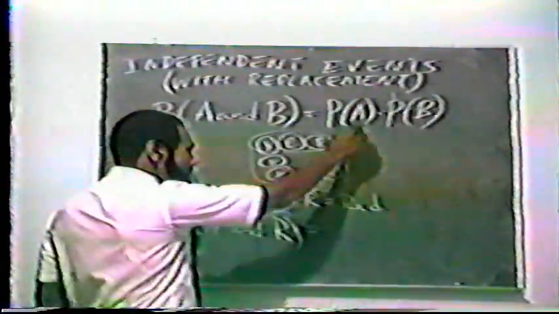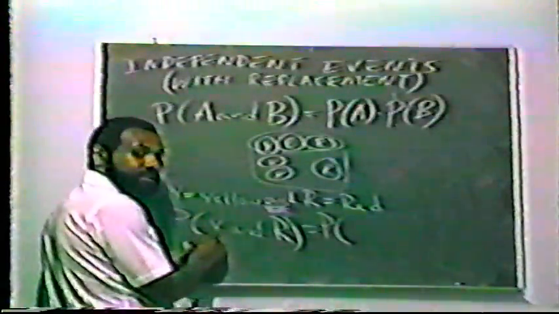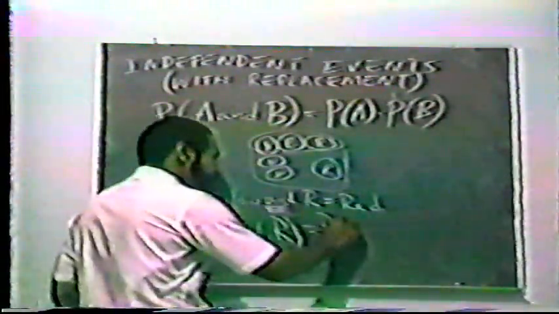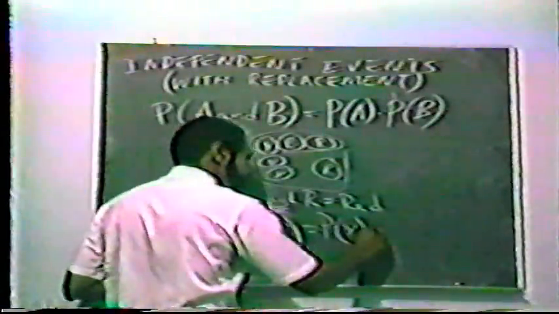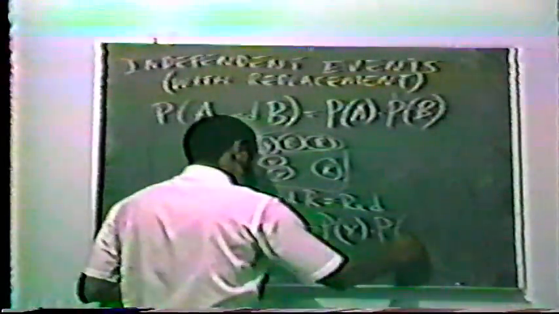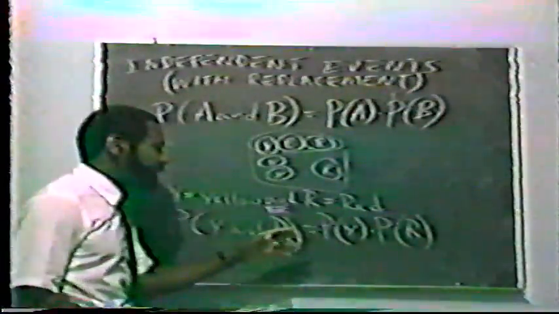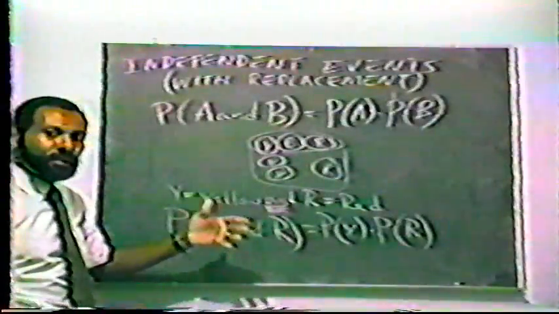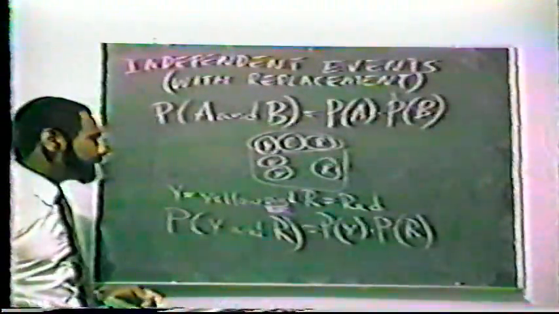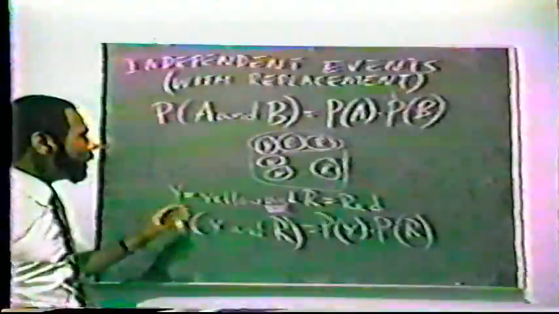If we apply the formula, we would have the simple probability of getting a yellow ball times the simple probability of getting a red ball. This is the case because we are dealing with independent events, so this is with replacement.